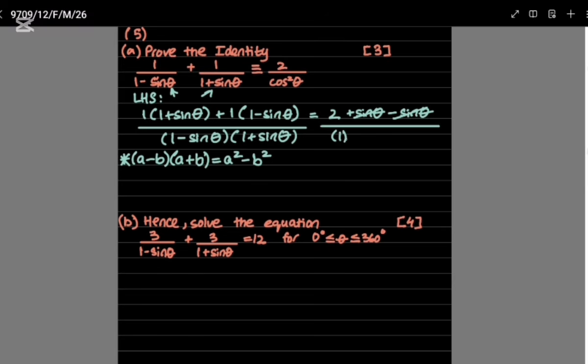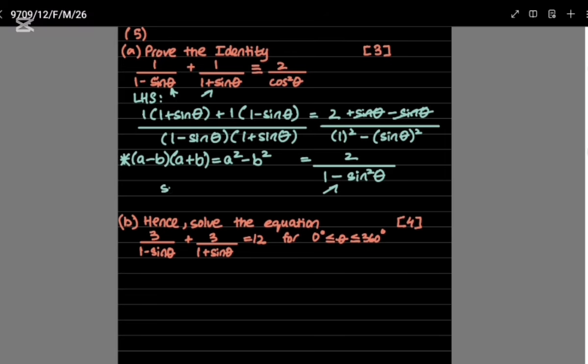So we can do 1 squared minus sine theta whole square, which gives you that it's 2 over 1 squared, which is 1 minus sine squared theta. Now what is 1 minus sine squared theta?